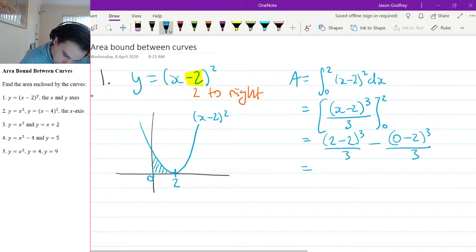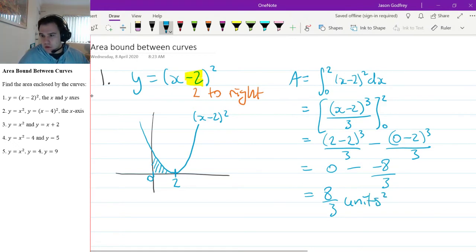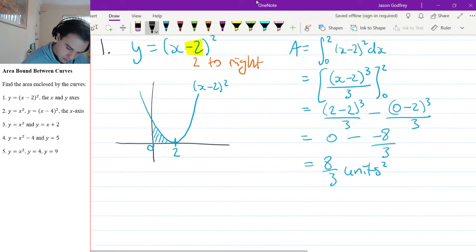So (2 minus 2) all cubed is 0, cubed over 3 is 0, minus negative 2 cubed is negative 8, and minus becomes 8 on 3 square units, whatever they are. Right, and it came out as a positive number because it was above the x-axis. So hopefully nothing too tricky for that one once we've got the diagram drawn up.